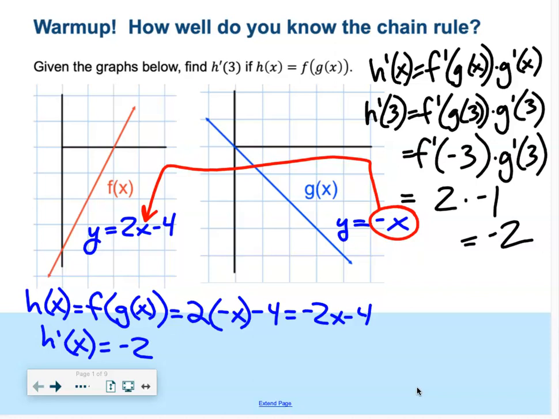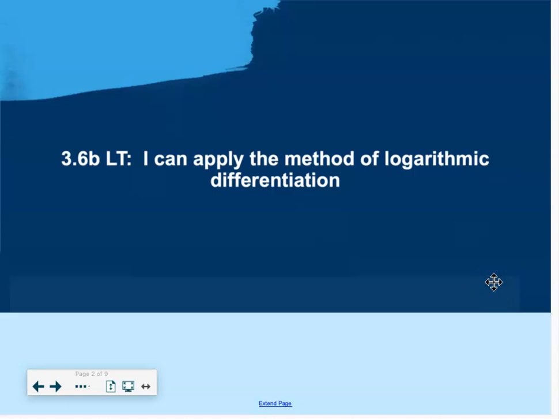Today, logarithmic differentiation, 3.6b. Tomorrow, we're doing section 3.7, which is applications. Monday, we're jumping to section 3.9, which is also applications.